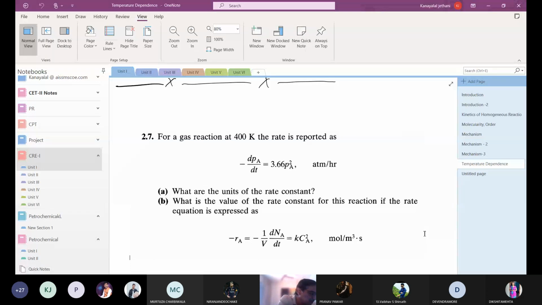So essentially this is nothing but units and conversion, which we did in PC also in unit 1, right? So you have to convert from one set of units to another set of units.